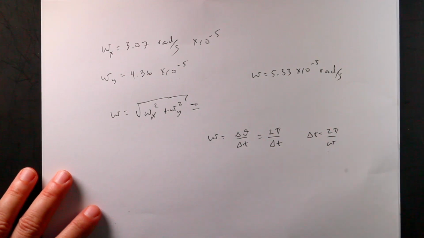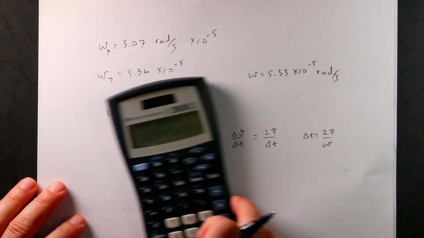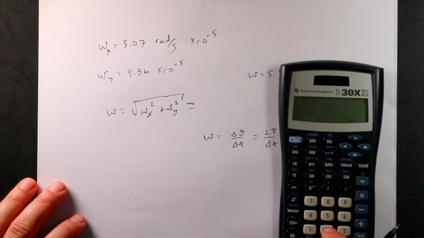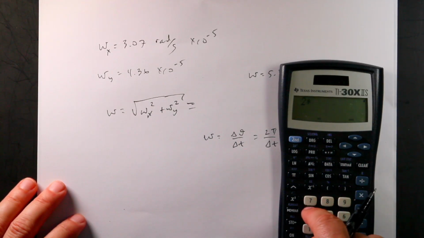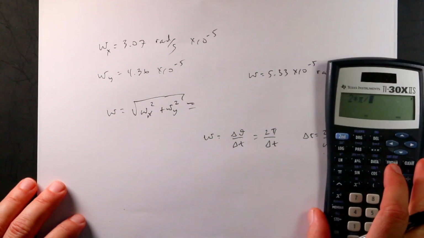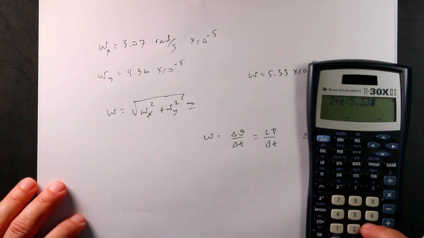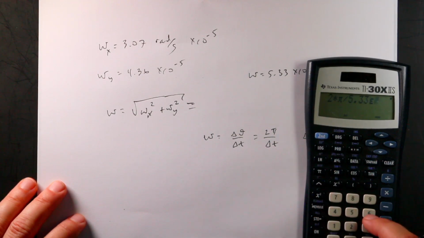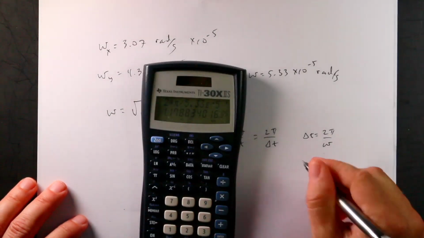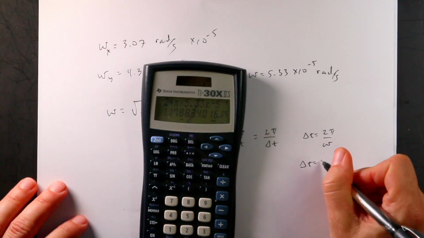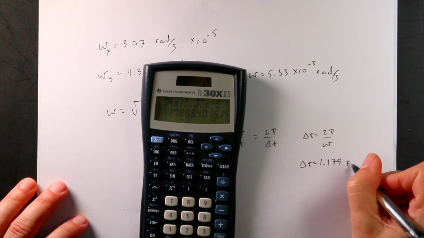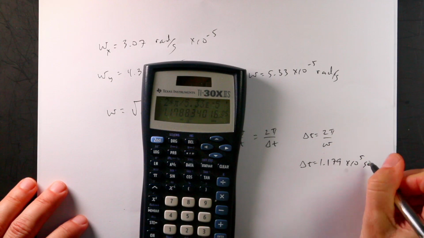So 2 times pi divided by 5.33 times 10 to the negative 5. And I get delta t is 1.179 times 10 to the fifth seconds.